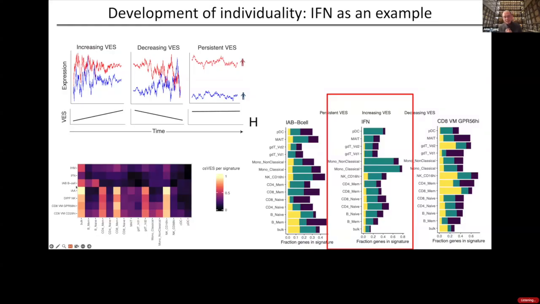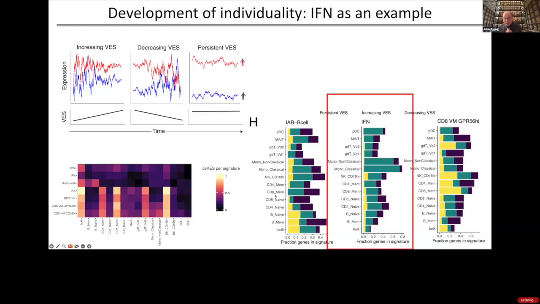These were signals found in the TEDDY study, where they tried to ask what are some of the early signatures that can predict the emergence of autoantibodies in kids who develop type 1 diabetes. Here we're looking at the relative stability of the genes in those signatures.